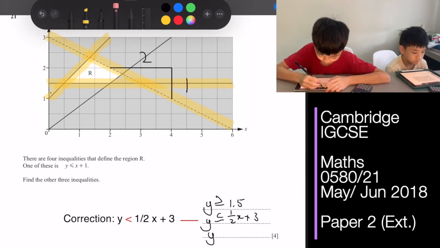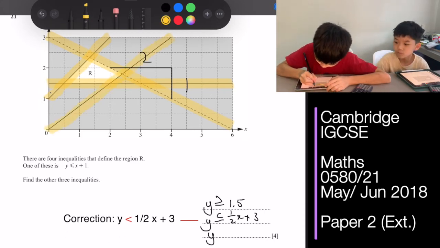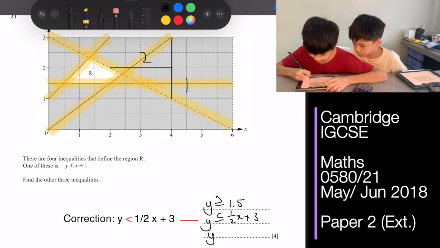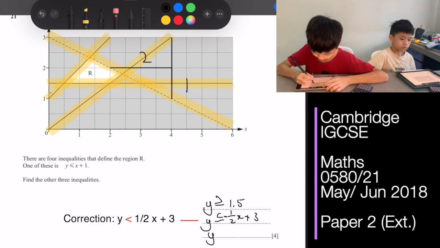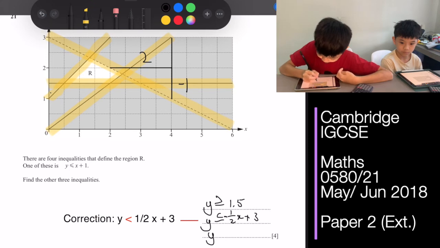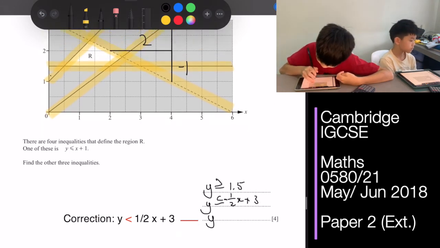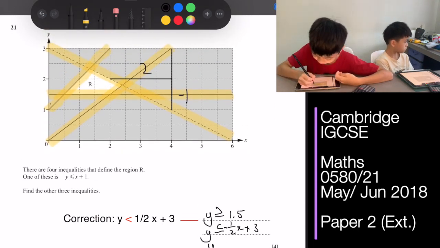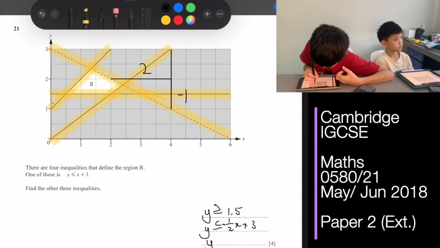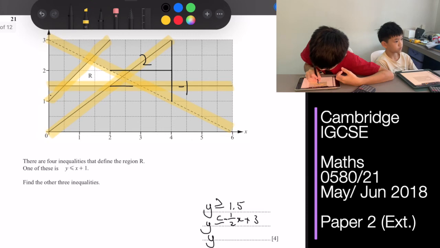Okay, the last one. Last one is this slope. Negative half x. Oh yeah, it's negative. Y is, oh, I got distracted. Wait, where was, here. It's over here, and make this slope over here.